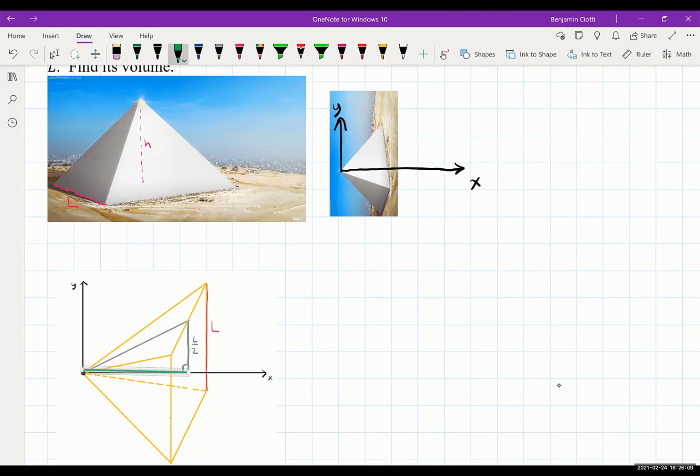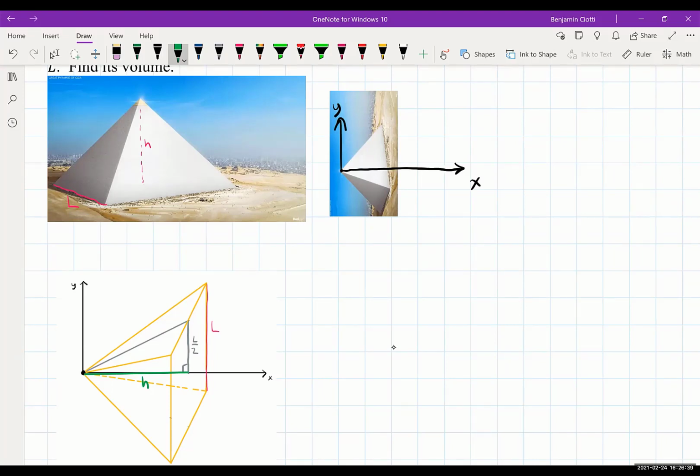Can we assume that the length of that smaller triangle is L over 2 because the origin cuts it in half? Yeah, by the symmetry of it. It's the distance from the center of a square to the side. Oh, okay, that makes sense. And so yeah, the height is h.